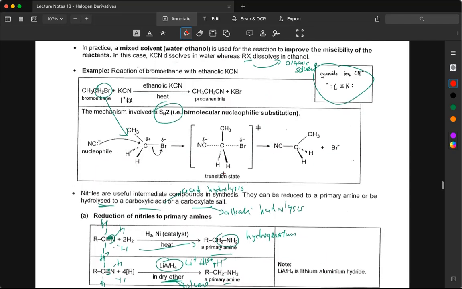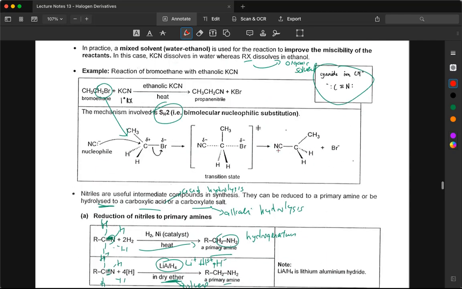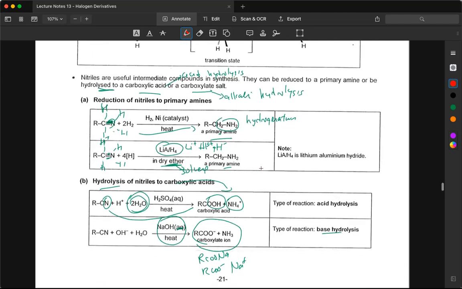The nitrile that is formed can also be further hydrolyzed to carboxylic acid using acid or base hydrolysis. If we use acid hydrolysis, carboxylic acid is formed where CN becomes COOH and the N comes out to form NH4 plus.